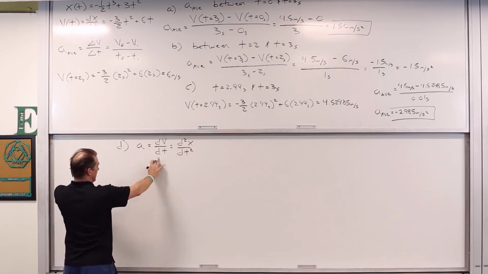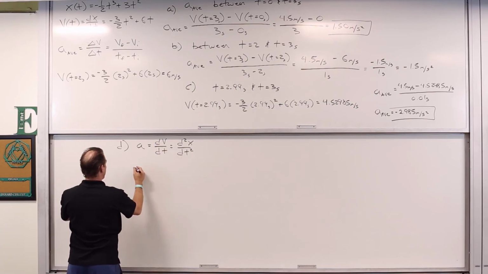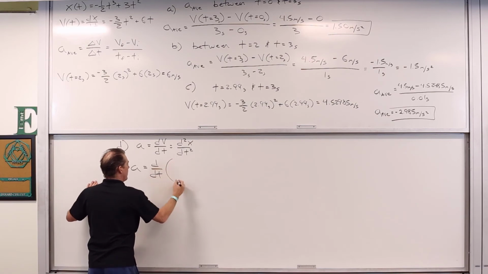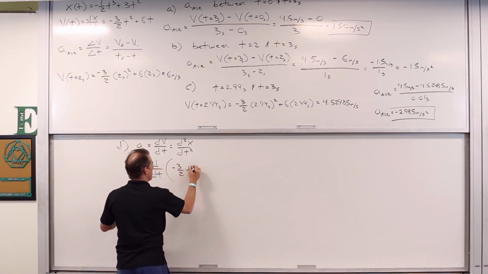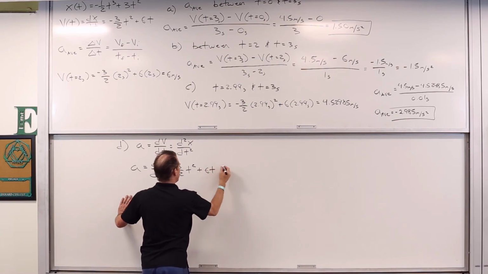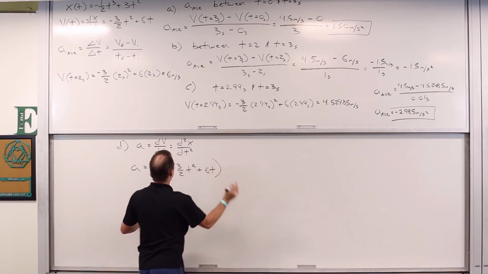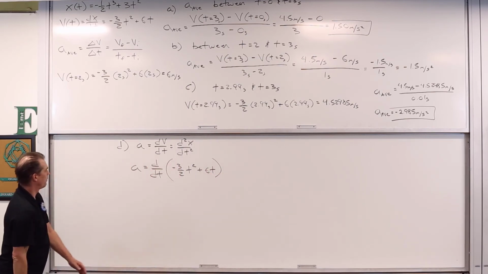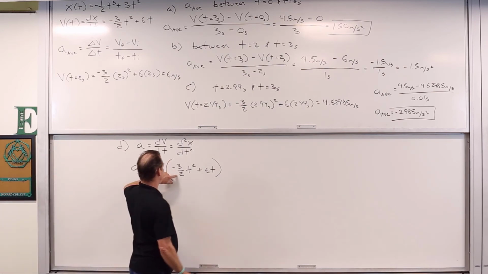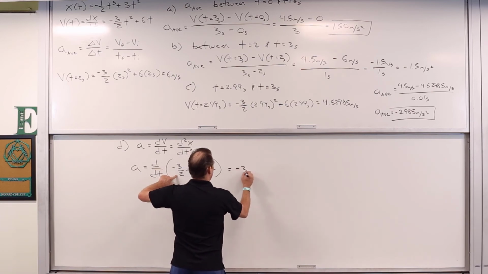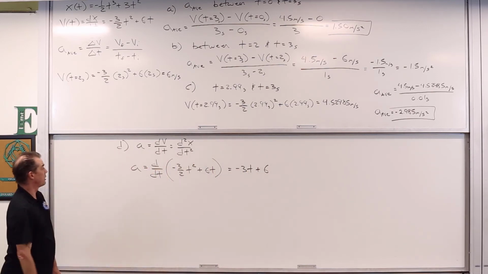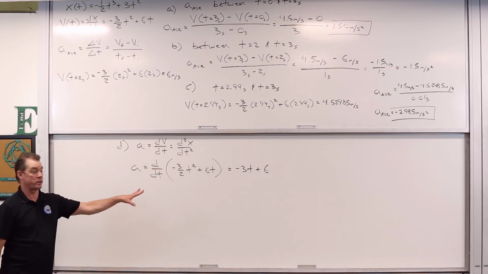We've already got what v is, so we can write that a is equal to d by dt of negative 3 halves t squared plus 6t. We get negative 6 halves, which is negative 3t plus 6. So there's the function that describes the acceleration with respect to time.